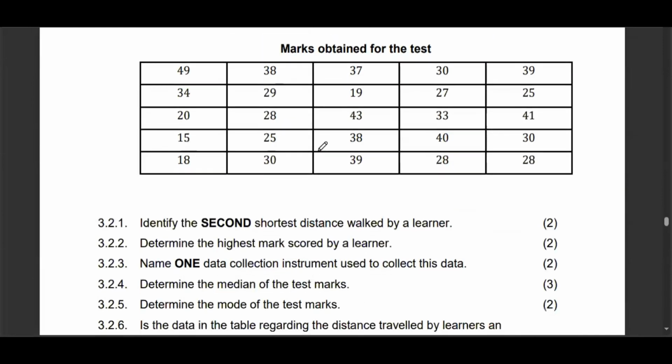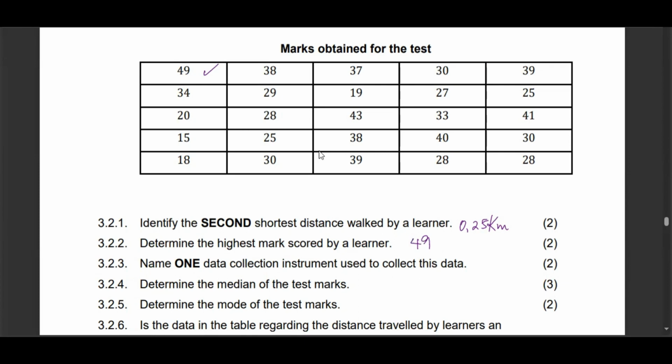So here the answer becomes 0.25. These are kilometers. Determine the highest mark scored by the learner. The highest mark there was 49.